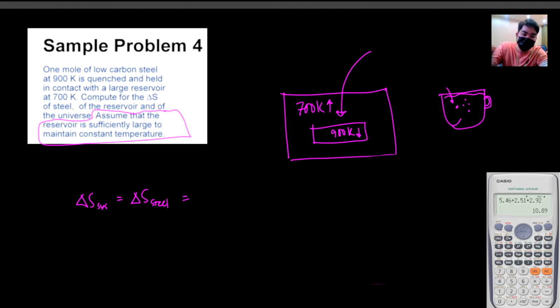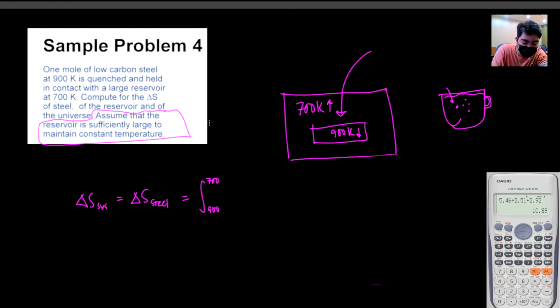Kasi as you quench your steel, pababa ng pababa yung temperature niya. So from 900, bumaba siya hanggang dun sa minamaintain na temperature, which is 700. So we are starting at 900 and we are quenching it up to the final temperature of 700, which is a lower value.